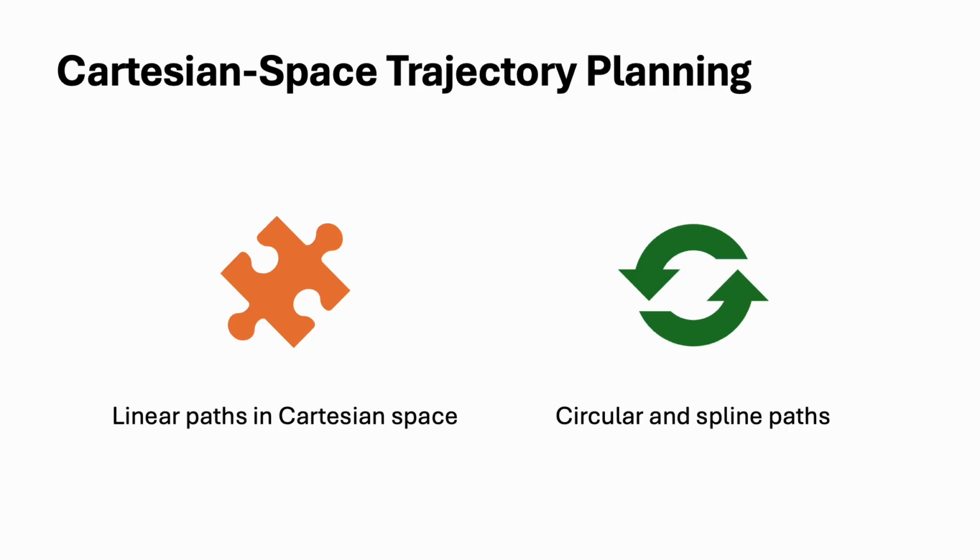This approach is particularly useful for tasks that require precise manipulation and interaction with objects in the environment, such as assembly, welding, or pick and place operations. By specifying the end effector's position, velocity, and acceleration in Cartesian space, robotic systems can achieve more intuitive and task-oriented control, making it easier to program and execute complex motions in the workspace.